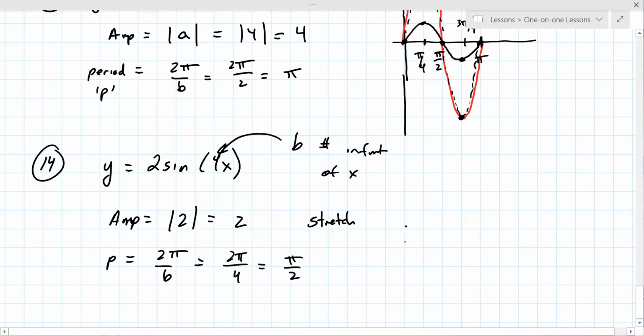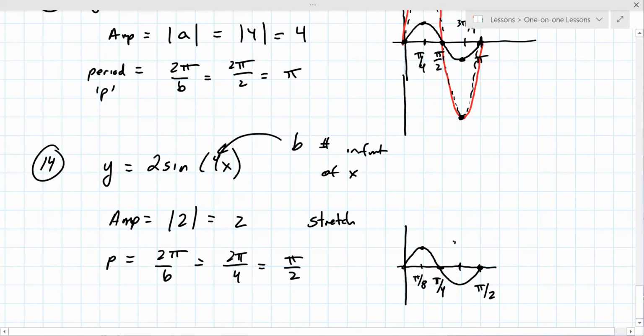So when you draw your sine wave, notice I haven't labeled the axis horizontally. This is now pi over 2. And then halfway between is whatever is halfway between 0 and pi over 2. That's pi over 4. Halfway between 0 and pi over 4 is pi over 8.